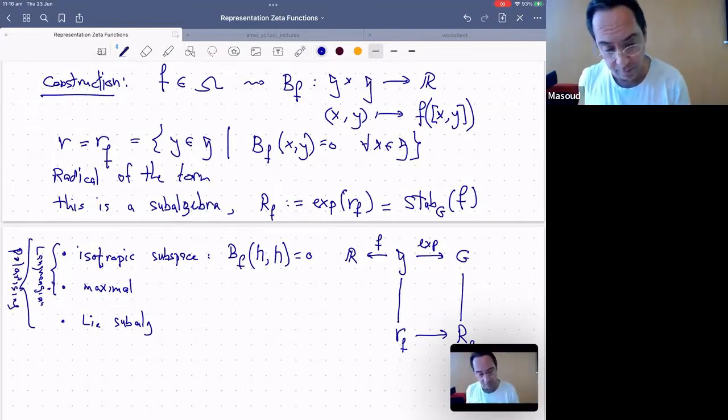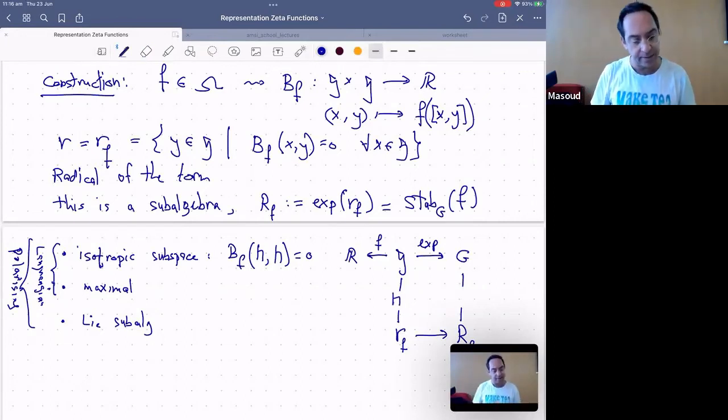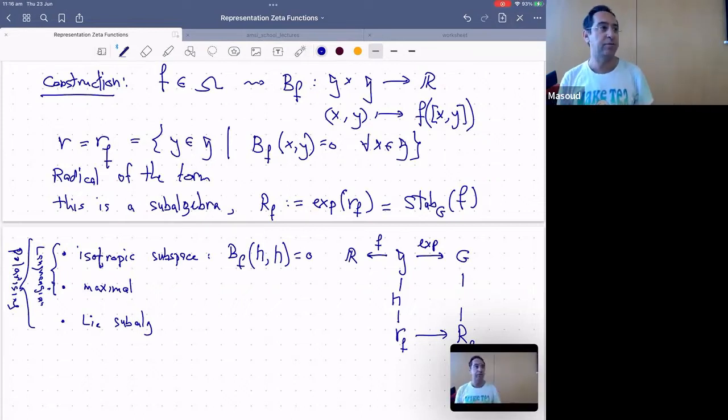Okay, so let me change my diagram a little bit. So I can have here a subalgebra, and such a polarizing subalgebra always exists. Kirillov proved that. So I'm giving you the sketch of the construction without the details.